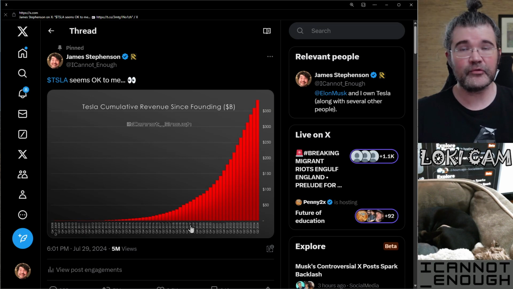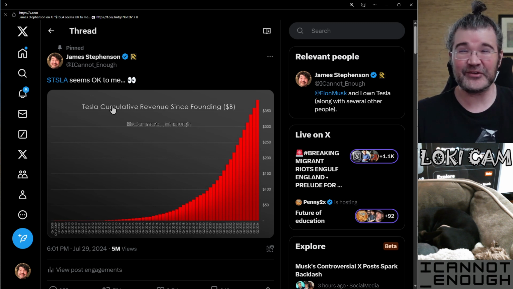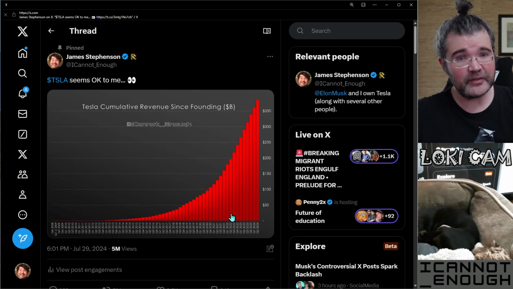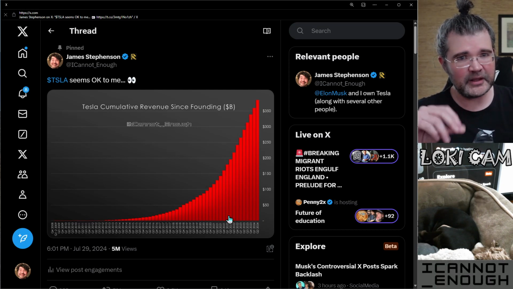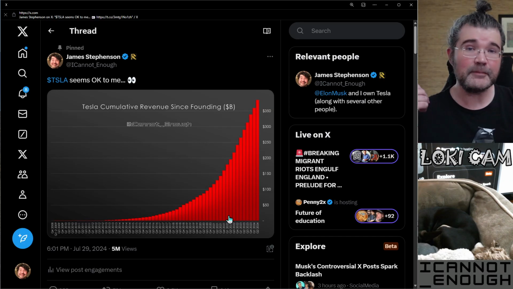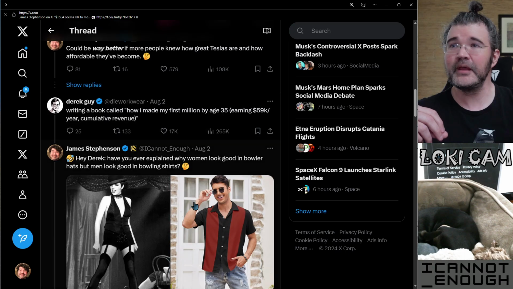So at a glance, somebody who isn't paying attention and didn't read the 5 words that I put on this chart, Tesla Cumulative Revenue since founding, they might think that I had been trying to pull a fast one on them, and that feeling of having almost been tricked into believing something that isn't true is a very powerful motivator for people to leave mean comments.